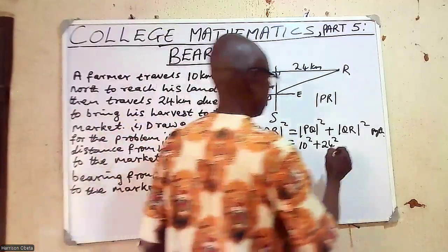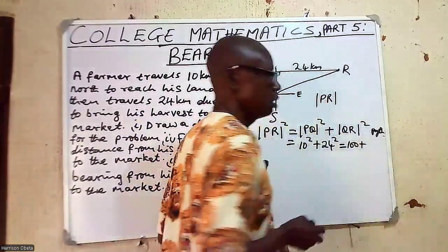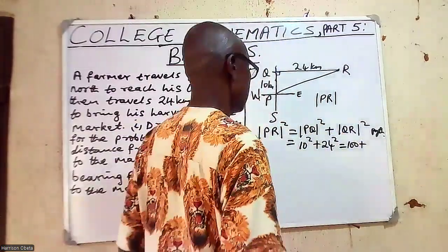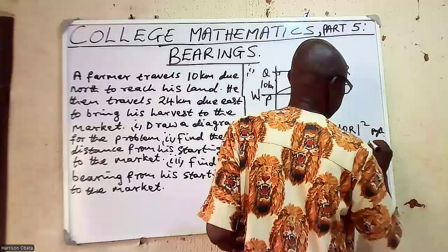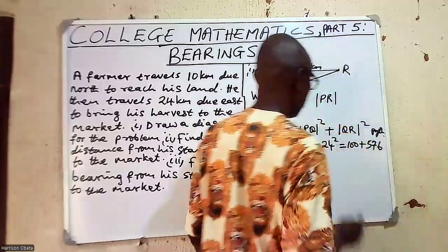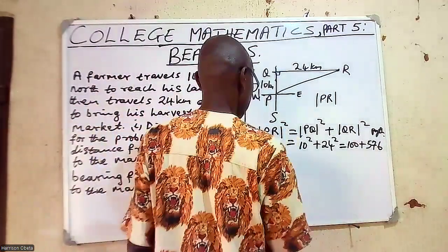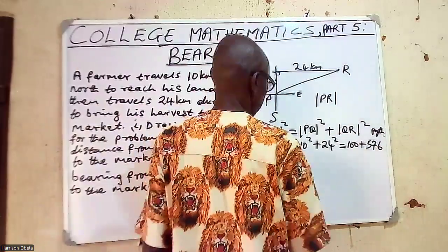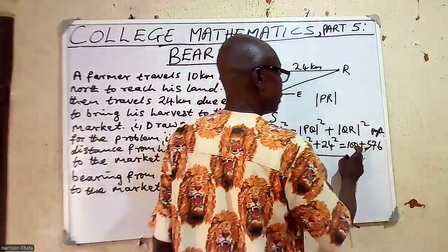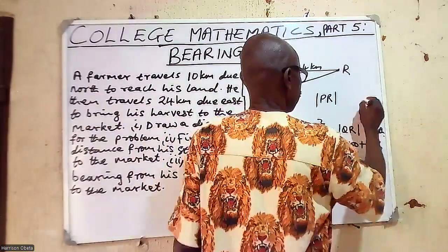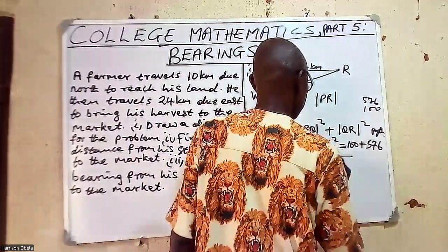If you carry out the simplification, we have 100 plus, you multiply out 24 by 24, that will give us 576. So PR alone should give us the square root of 576 plus 100, which is 676.